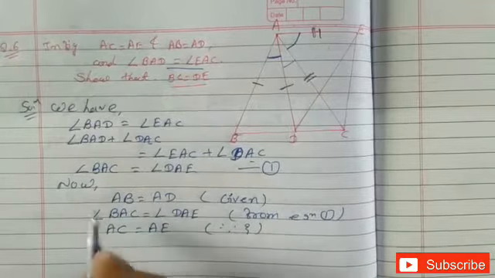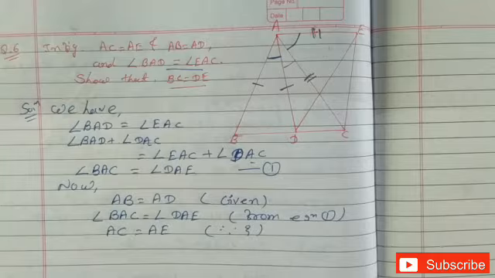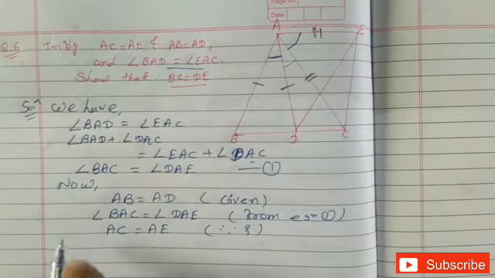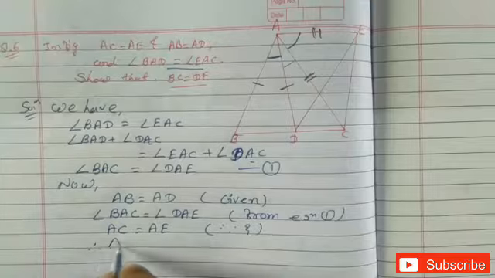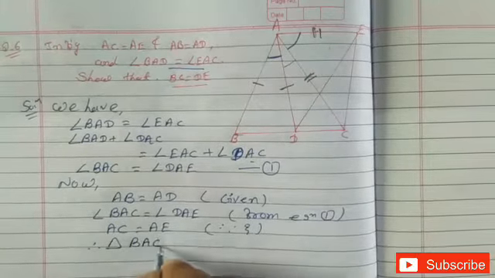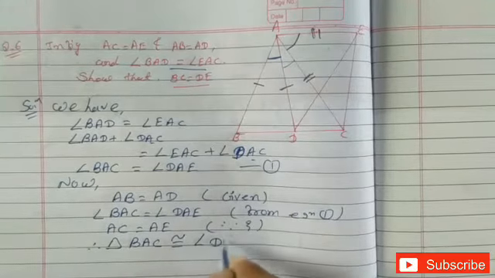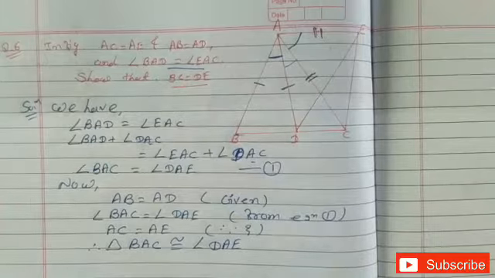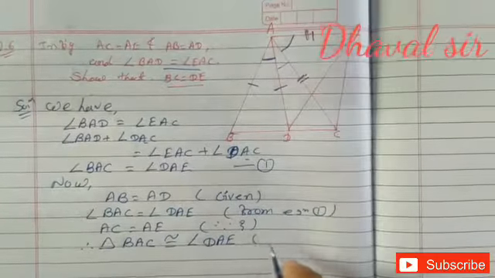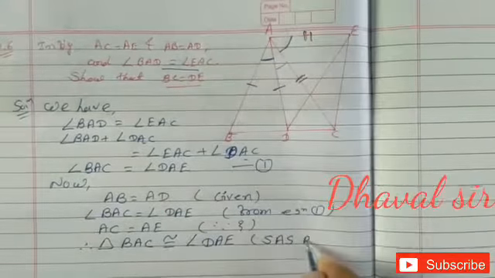So by side angle side rule, our triangle BAC is congruent to triangle DAE. Am I right? Because of the side angle side rule.